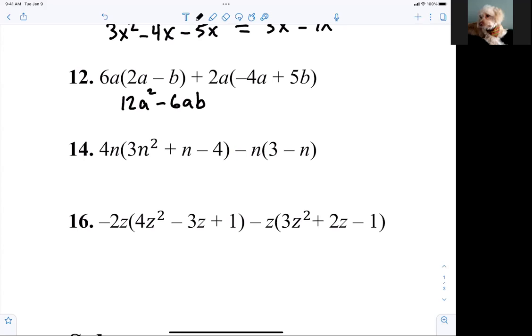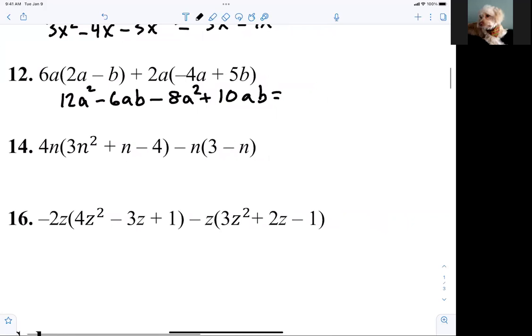Don't ask, tell me. 6ab plus or minus 8a plus 8a squared plus 10ab. Okay, finish. So then 4a squared plus 4ab. Yeah, everybody do the work and everybody can get it right.